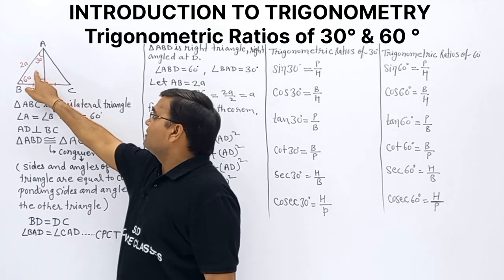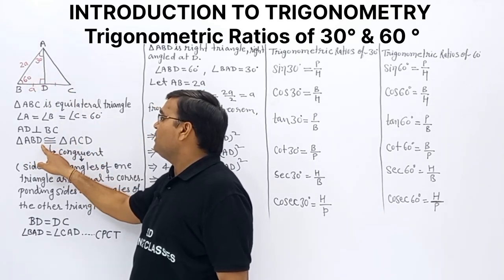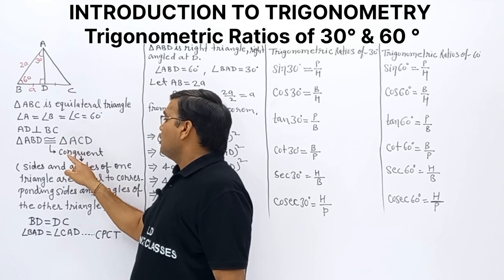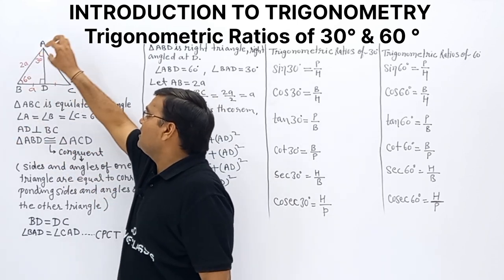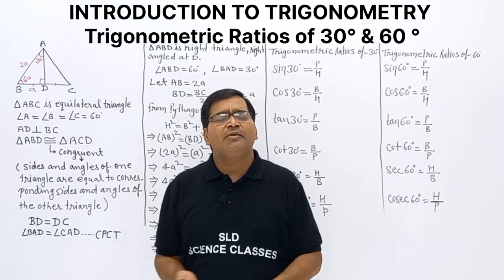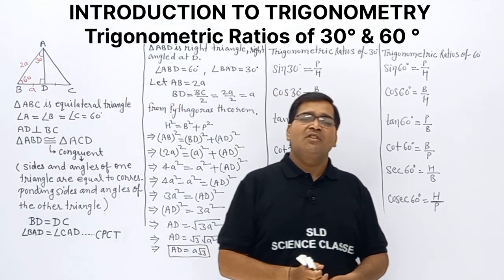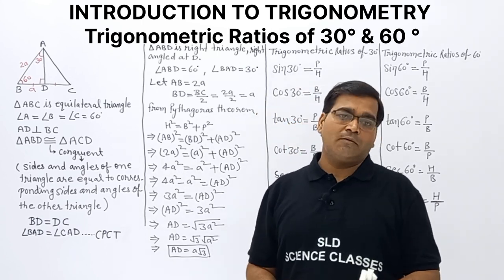Then both triangles, this one and this one, are what? Triangle ABD is congruent to ACD. And what is the meaning of congruent? In the 9th standard we studied it.